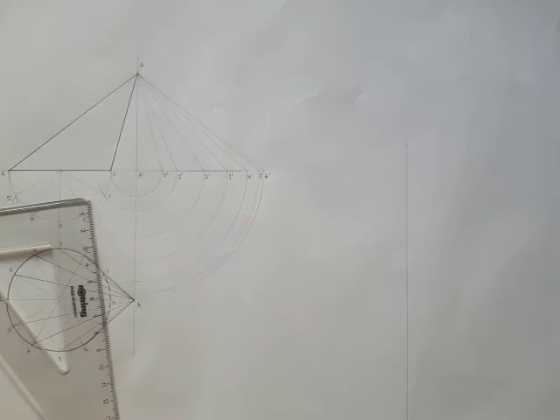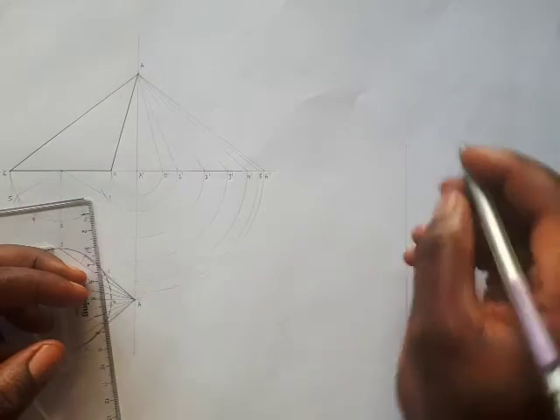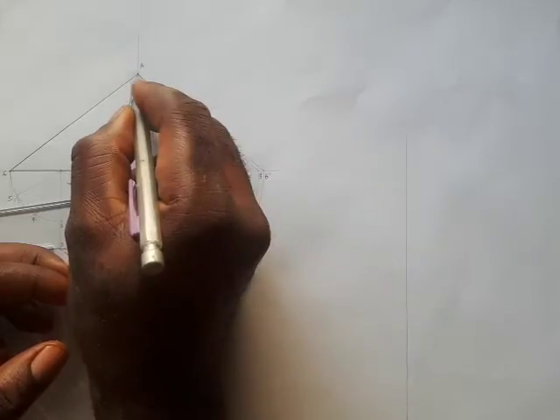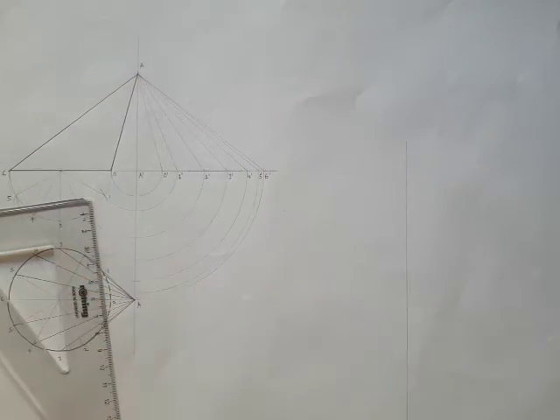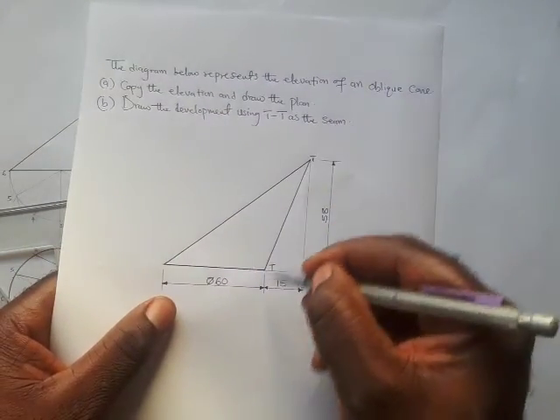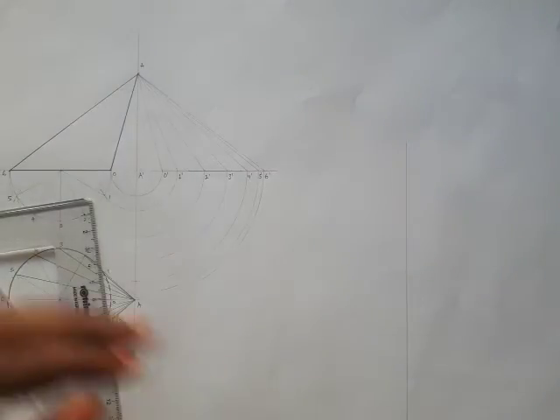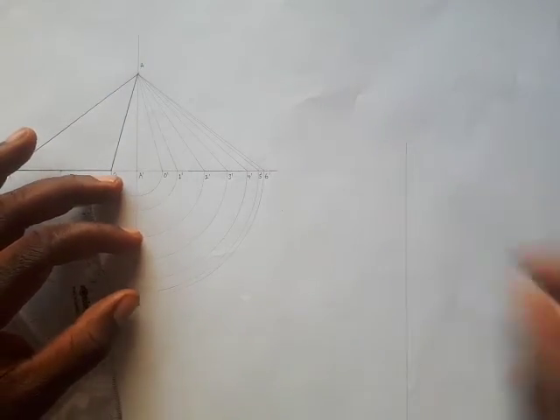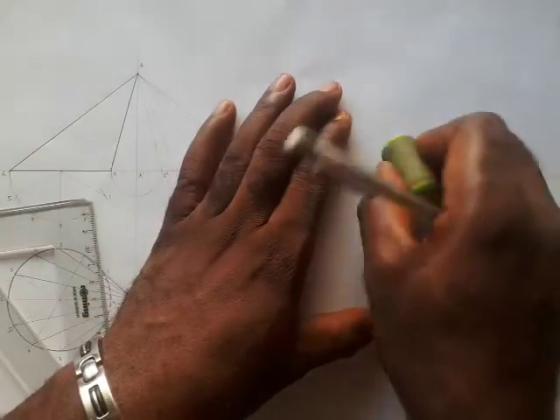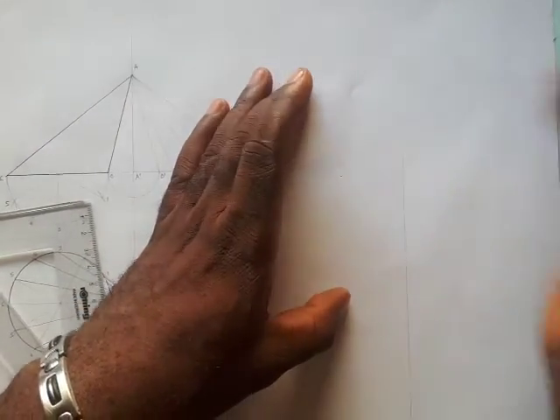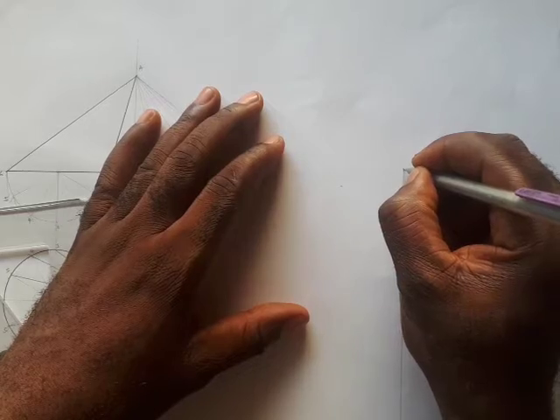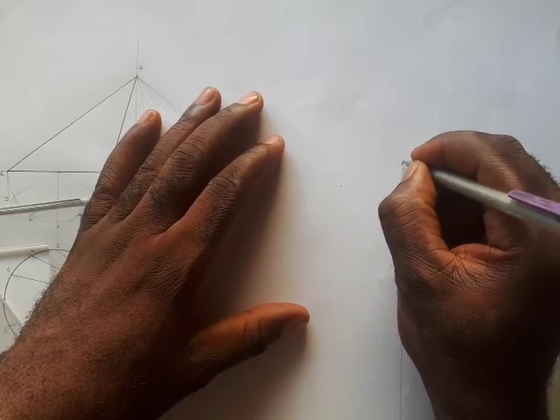After drawing the line, note a point on the line and call it point A. Remember, we're using TT as our seam to develop, so we want to develop it using this part as the seam. Call this point, this top here, A.